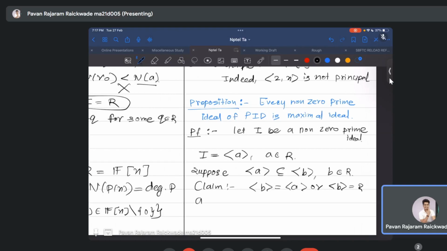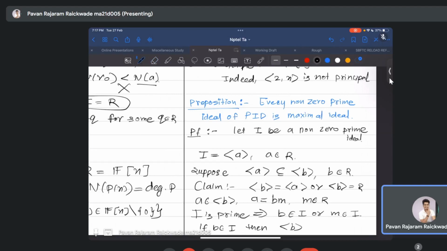Now since a belongs to the ideal generated by b, a can be written as b times m, let's say, for some m belonging to R, right? Now since I is a prime ideal, this implies b belongs to I or m belongs to I. If b belongs to I, then you are done.